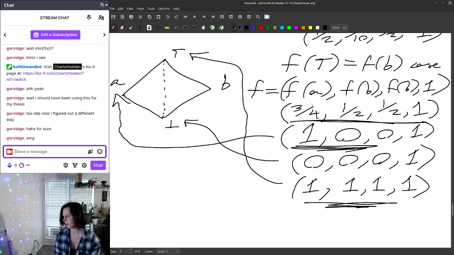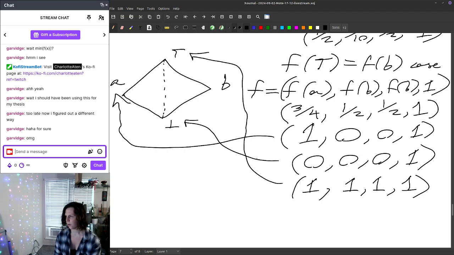Yeah, because I need my f of A to be bigger than my f of B, so I could just take 1/2 here and then 1/4 here. That's the idea. So I can actually identify some arbitrary point with a convex combination of these other ones.